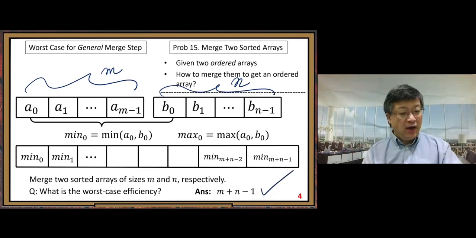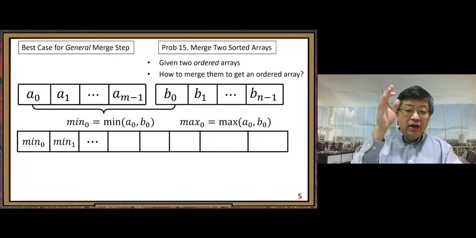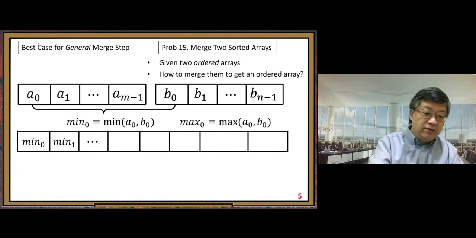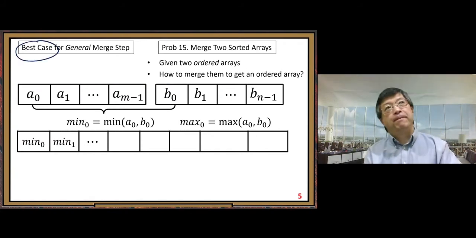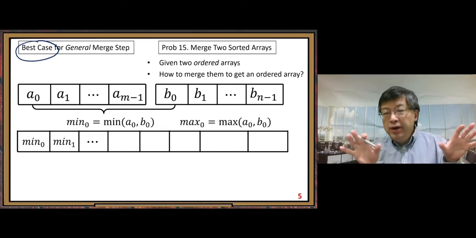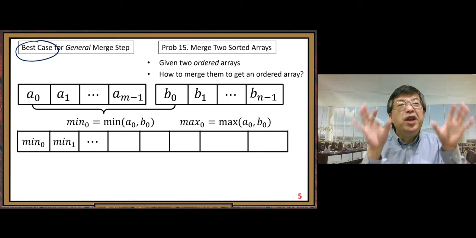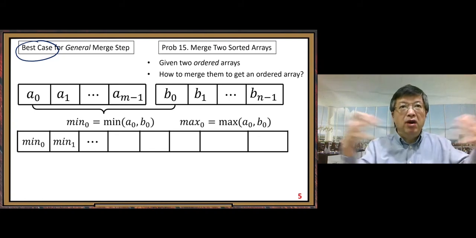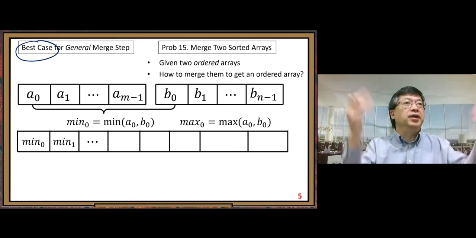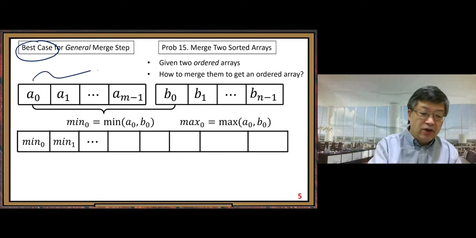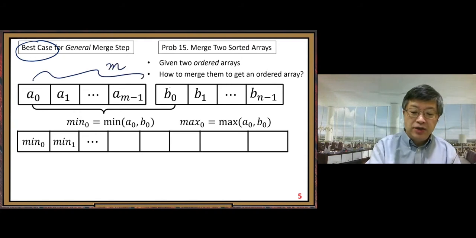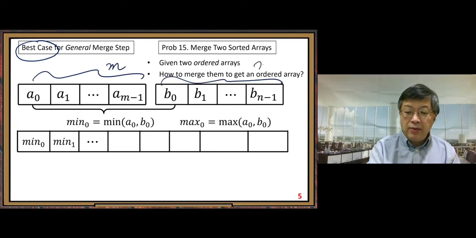Next, the general best case: the minimum number of comparisons we need to merge two sorted arrays. The first one has m elements, the second one has n elements.